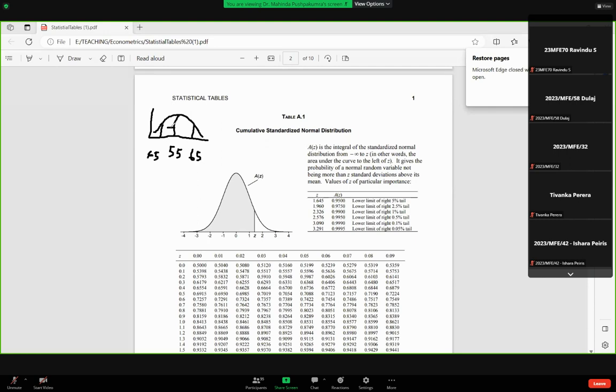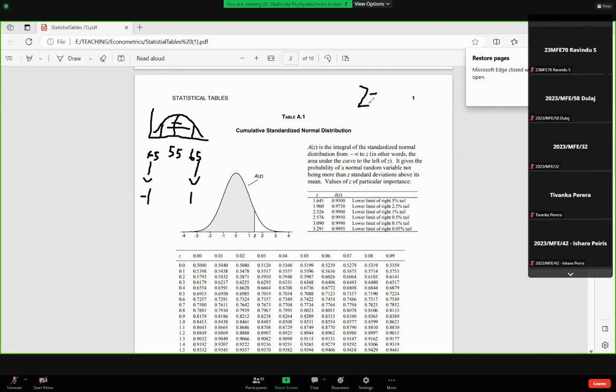You want to find the probability in this area. The first step is you have to convert these values into Z. When you convert 45 into Z, it becomes minus 1, and this becomes plus 1. How to convert?